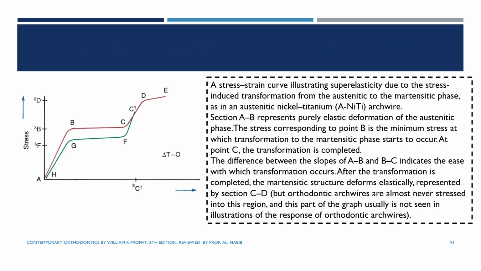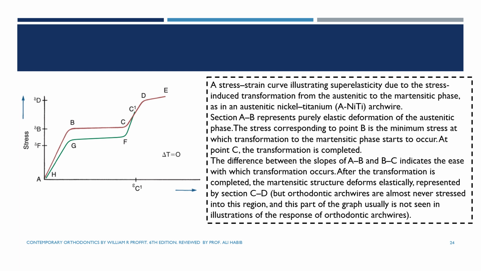The stress-strain curve illustrates the transition, which is a very easy transition, between the austenite phase and the martensite phase. So this represents the austenite phase. After applying a certain amount of force, the wire will continue elastically until it reaches a certain stress level that will start the transition from the austenite phase into the martensite phase.